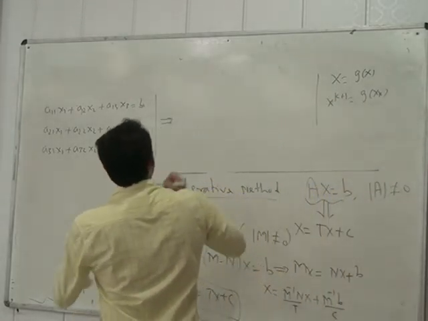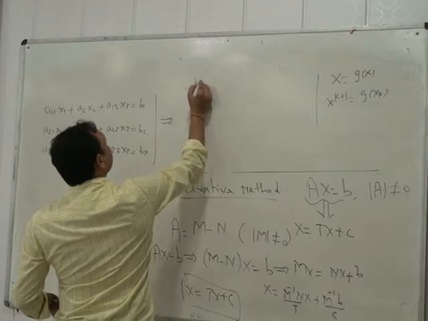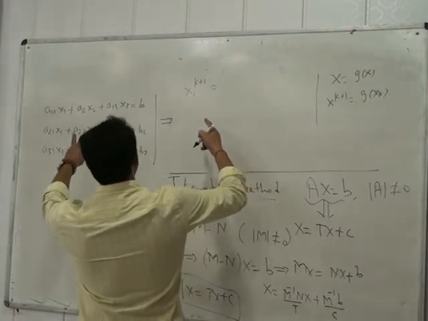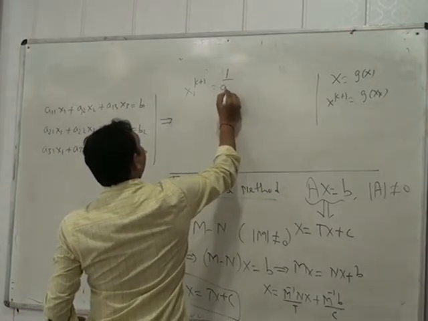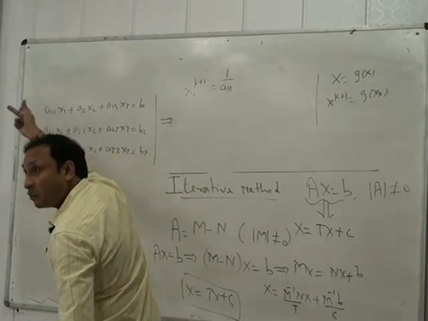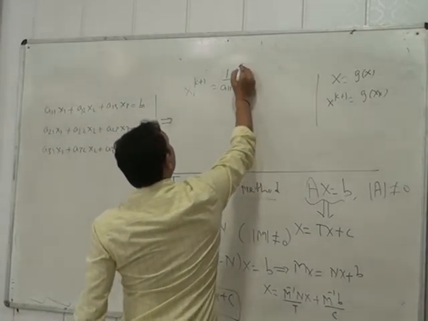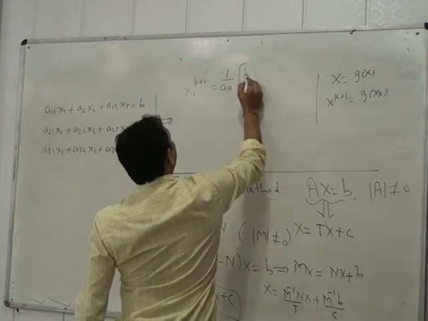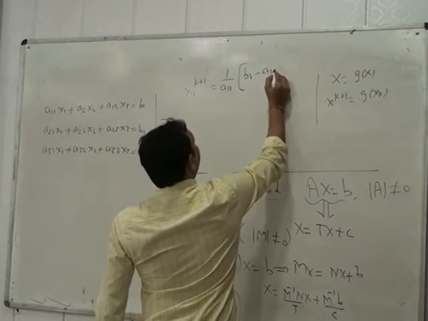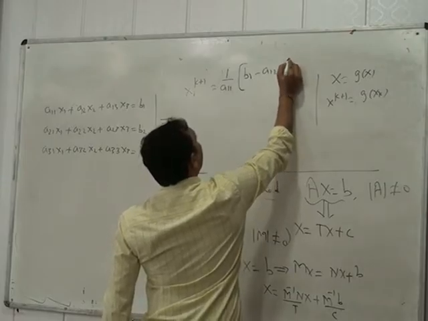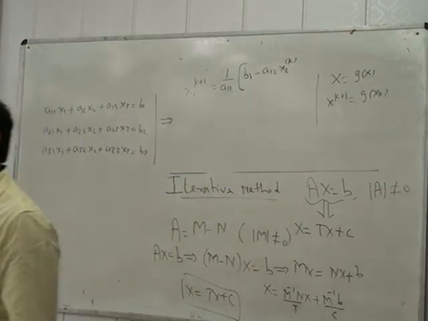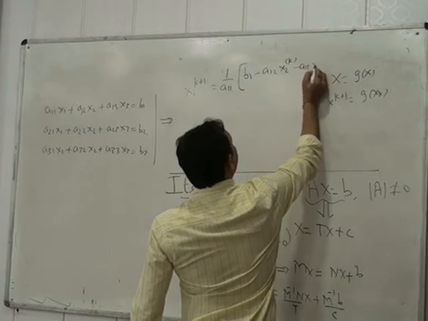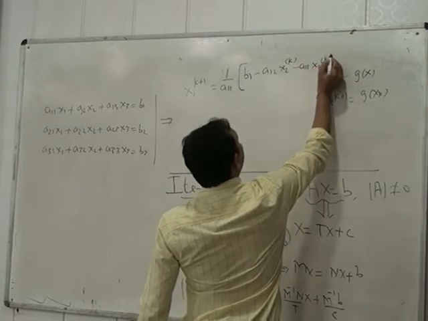So what is the idea then? Suppose you want to compute x1 at k plus 1. You want to write it in this fashion: 1 by a11, if it is non-zero, otherwise you can interchange the rows, times b1 minus a12 x2 at k minus a13 x3 at k.